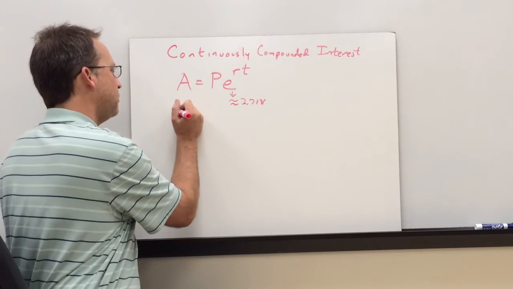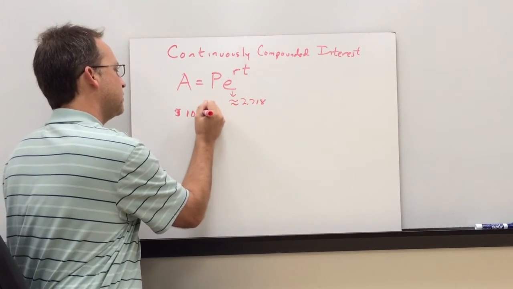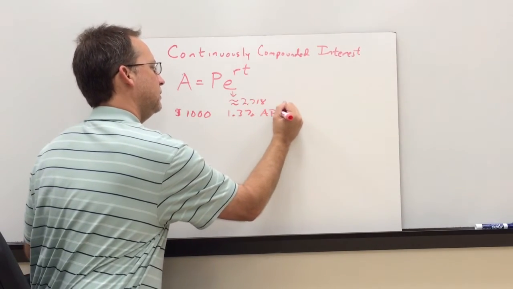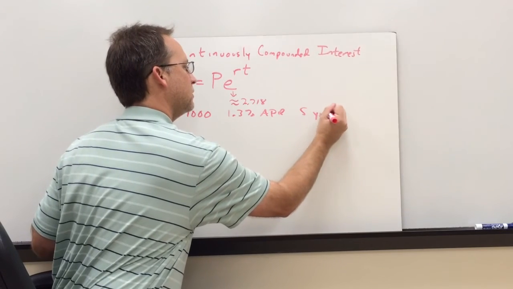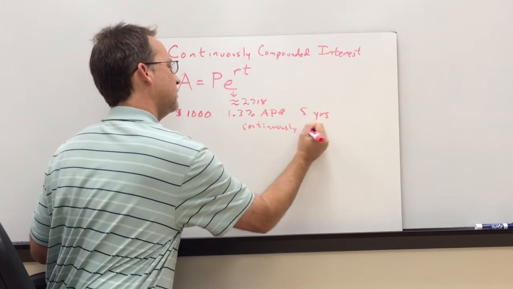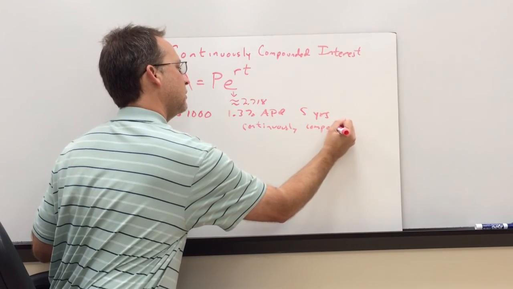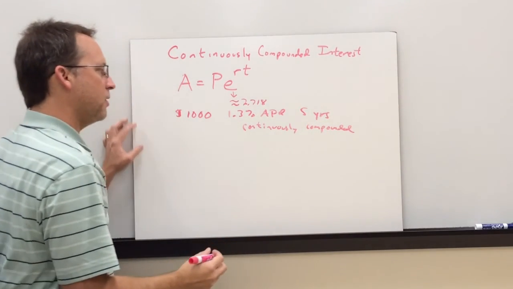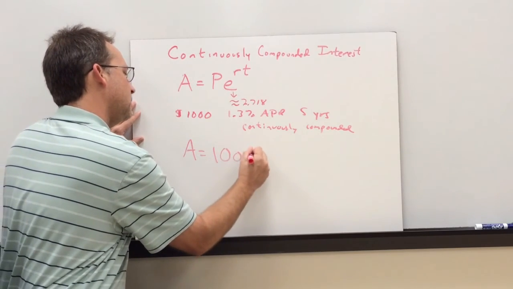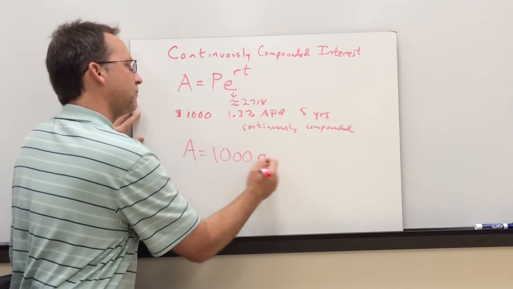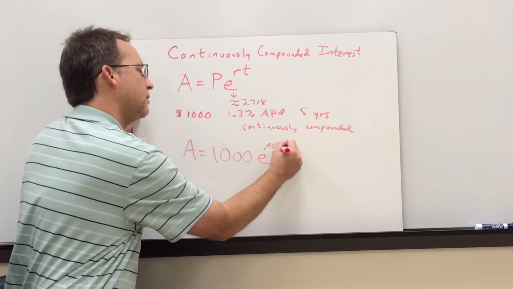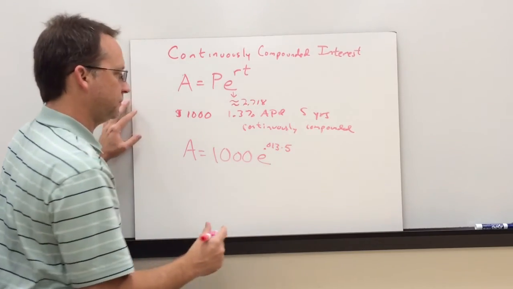So let's do the same example. Let's say $1,000, 1.3%, 5 years, but now it's going to be continuously compounded. And I want to know how much I'm going to have after those 5 years. My amount's going to be 1,000 times that E. Still change this R to a decimal, so 0.013 for 5 years.